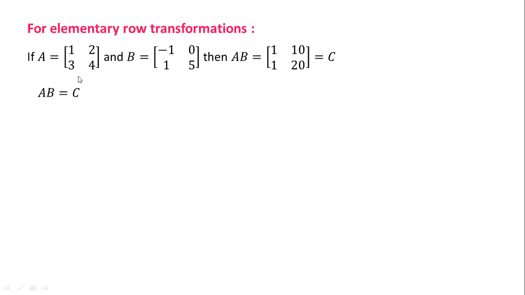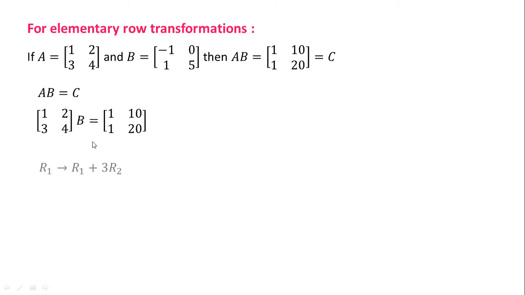Here it is A, B, and it gives AB, which is called C here. Now if you write this equation in the matrix form like this, A is written here as it is, B is given, and it is equal to C. So this is called a matrix equation.